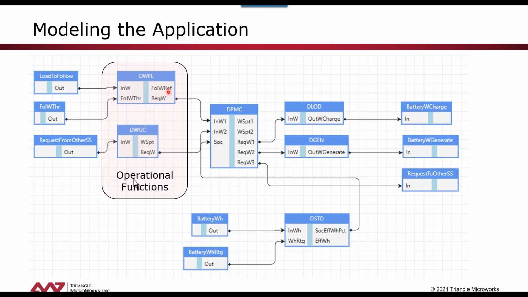So this basically requests generated energy. This would request to store energy. In the middle, we have our power management function. That's where we implement the whole algorithm. So that's where we decide when we have our requests that we should follow up load that we need to generate. We will have an output that goes to the generator.